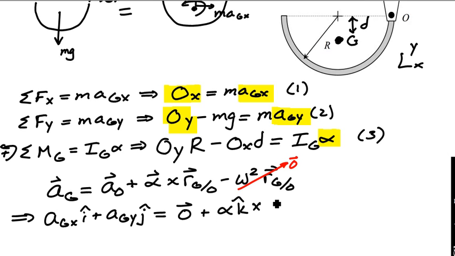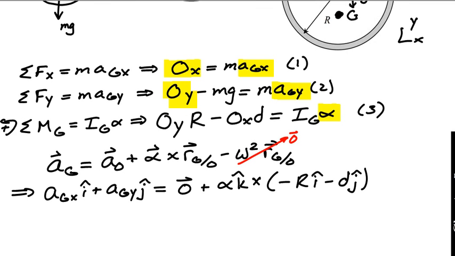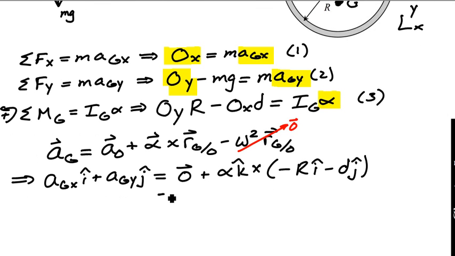I can cross that with r of G with respect to O, which is going to be minus the radius in the i minus D in the j. So if I go ahead and expand this out on the right hand side, k cross i is going to give me j, so I'll have minus alpha r in the j. k cross j gives me minus i, so I'll have plus alpha D in the i.